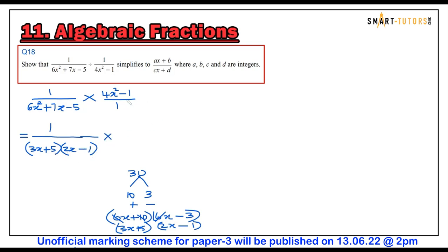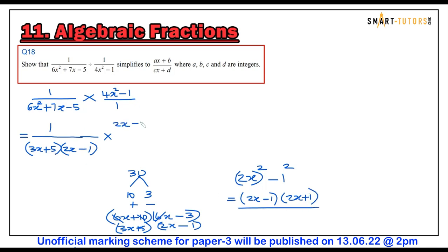And times by this 4x squared minus 1 can be simplified to 2x whole thing squared minus 1 squared. So that can be simplified to 2x minus 1, 2x plus 1. This is the same as the difference of 2 squares.